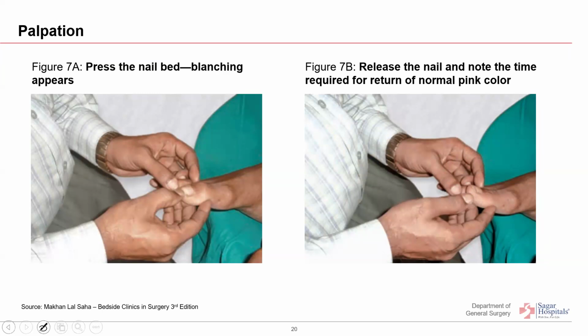Less than 3 seconds, yes, correct. So you blanch the plantar aspect of the great toe, and you see how fast the blood supply comes back. That is the capillary refill time.